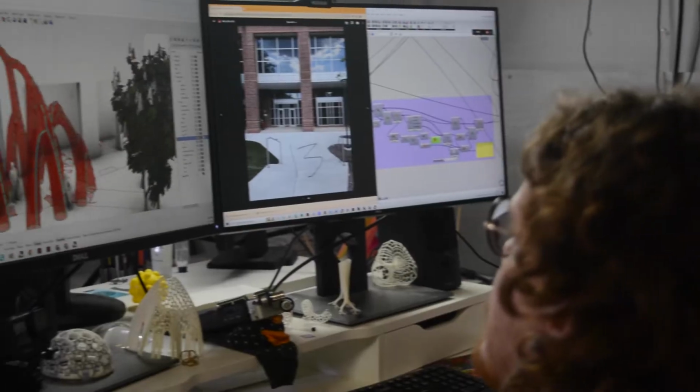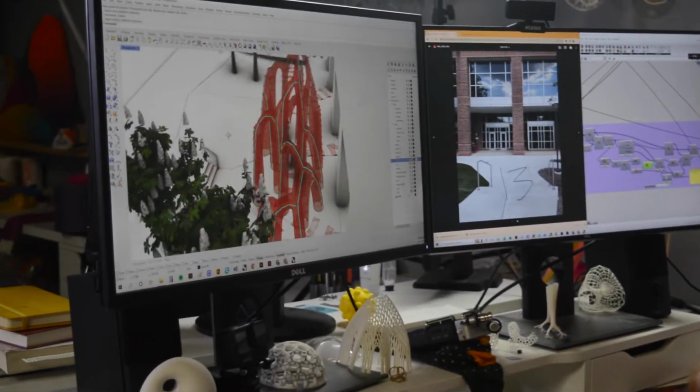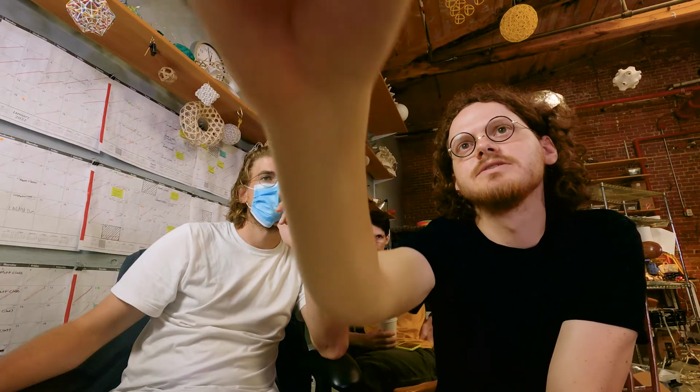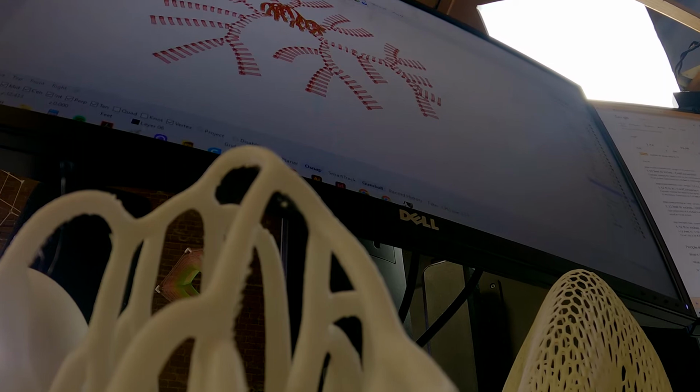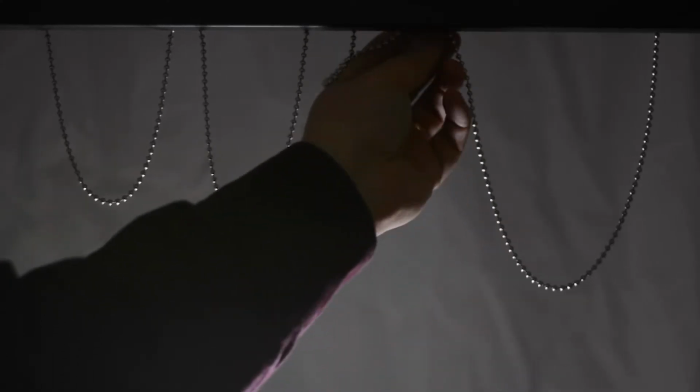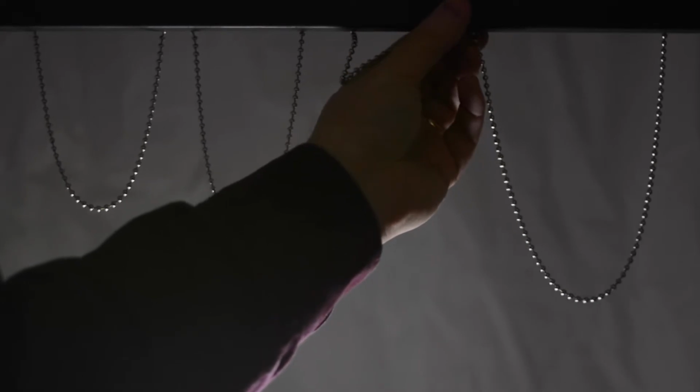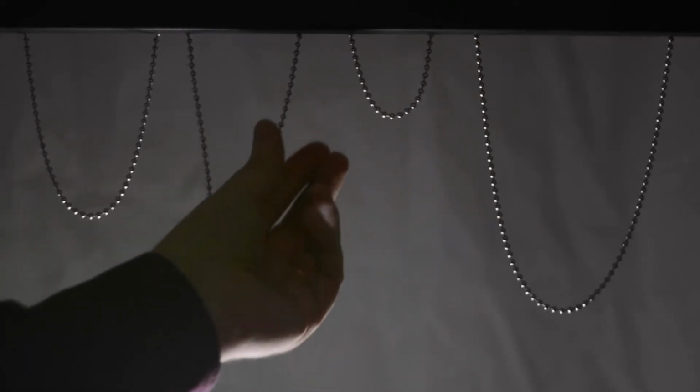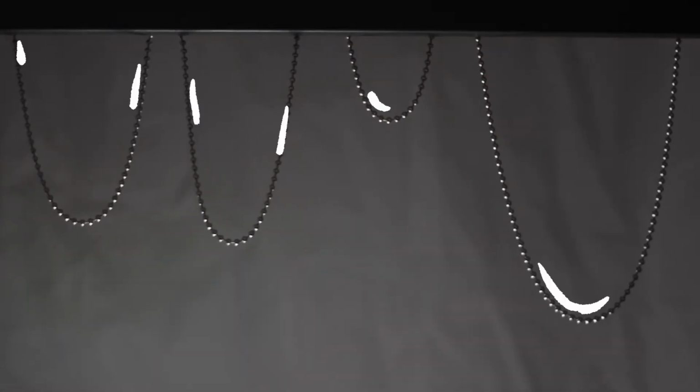The structural craft idea that we explored was using gravity as a design tool. Catenary structures are based on the form that gravity makes on its own. If you have a piece of rope or a chain and it's hanging, that curve that gravity puts the string or chain under is a catenary curve.